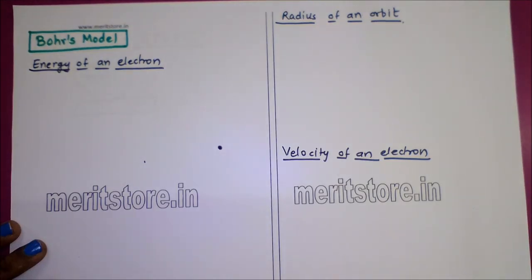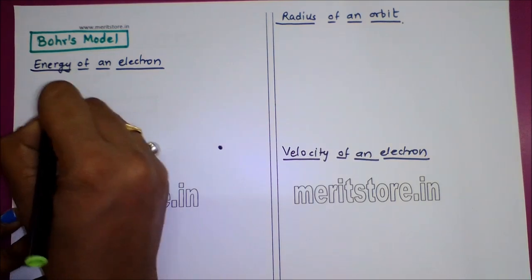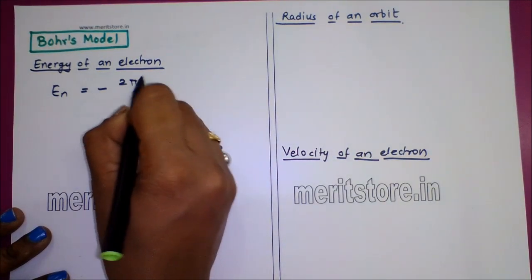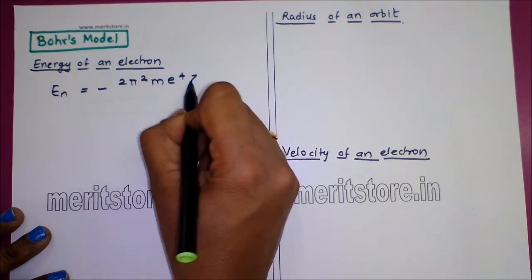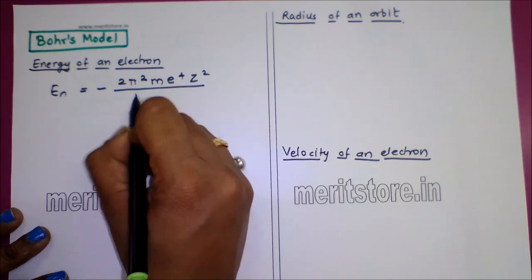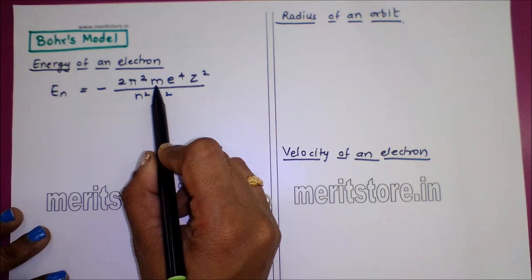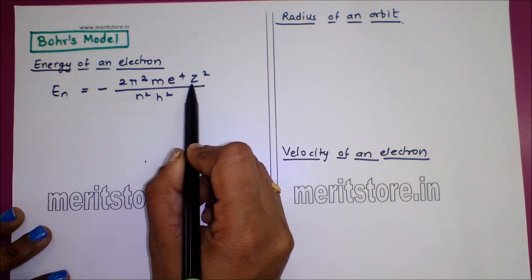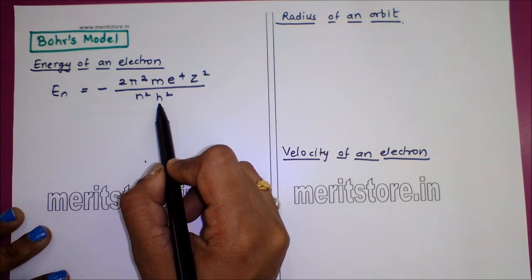In Bohr's model, the energy of an electron is given by the formula E equals minus 2 pi square m e raised to 4 z square upon n square h square, where m is the mass of the electron, e is the charge on the electron, z is the atomic number, n is the number of the shell, and h is Planck's constant.